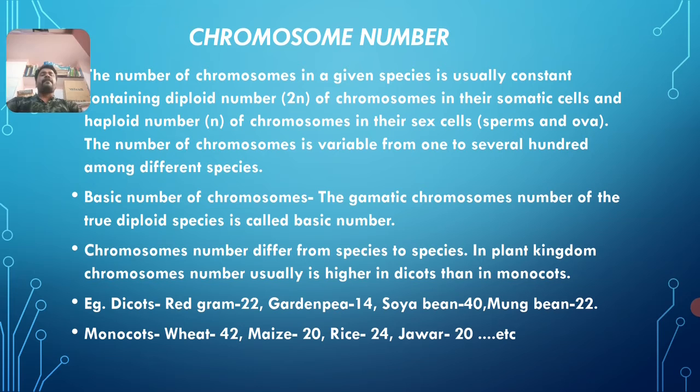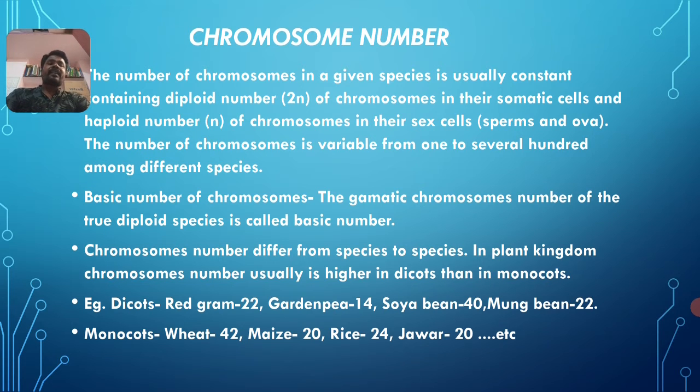See, the chromosome numbers differ from species to species in the plant kingdom. In the plant kingdom, chromosome number is usually higher in the dicots than in monocots.